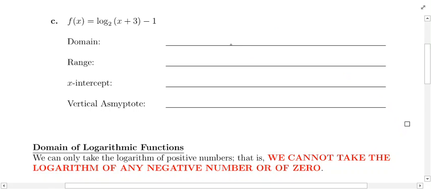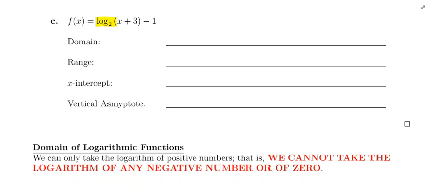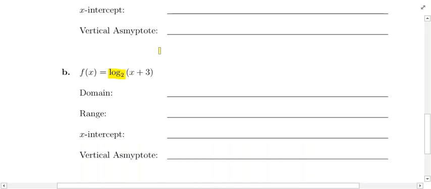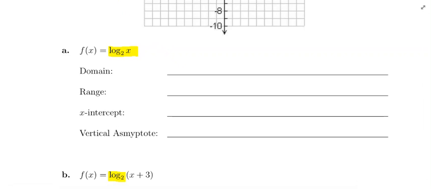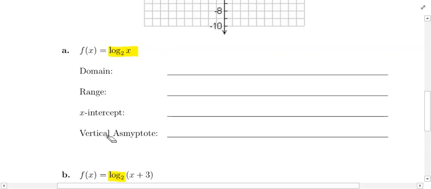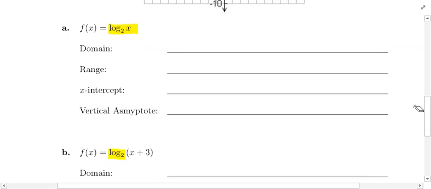If you look at all of these, they all involve log base 2. In fact, part A is simply the function log base 2 of x. So that's where we're going to start. Parts B and C, those functions are just some kind of variation of log base 2 of x.